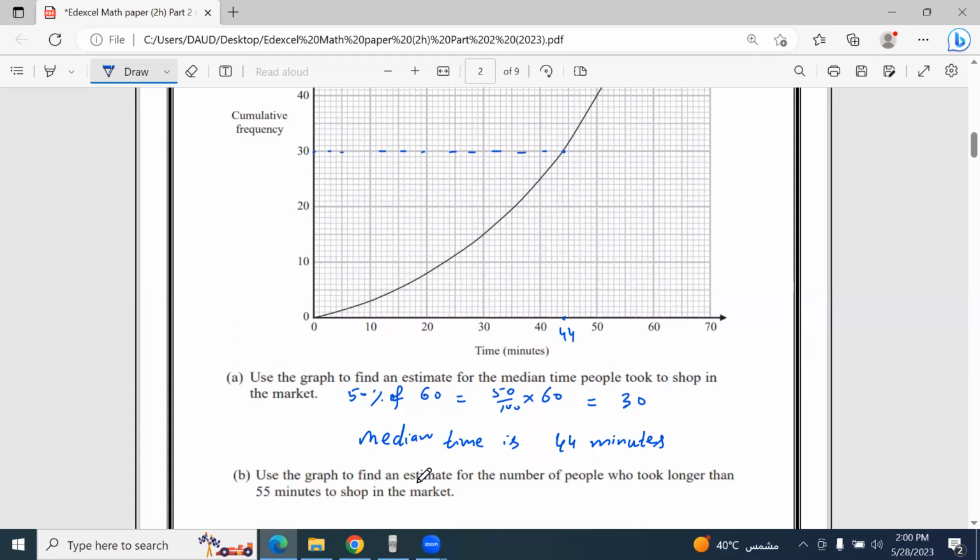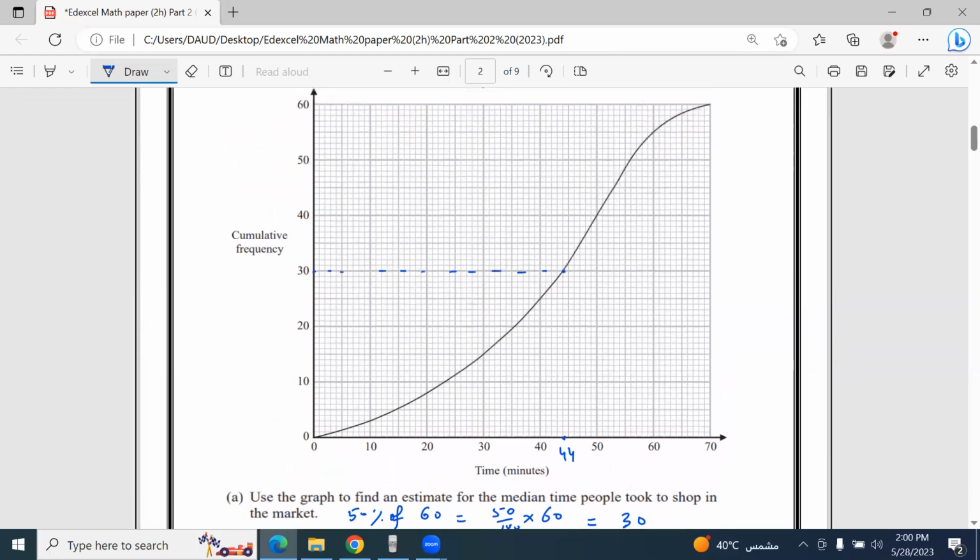Next, use your graph to find an estimate for the number of people who took longer than 55 minutes to shop in the market. So we will see where it is 55. After 50, as I mentioned, one small box equals 1. So here we have 55.